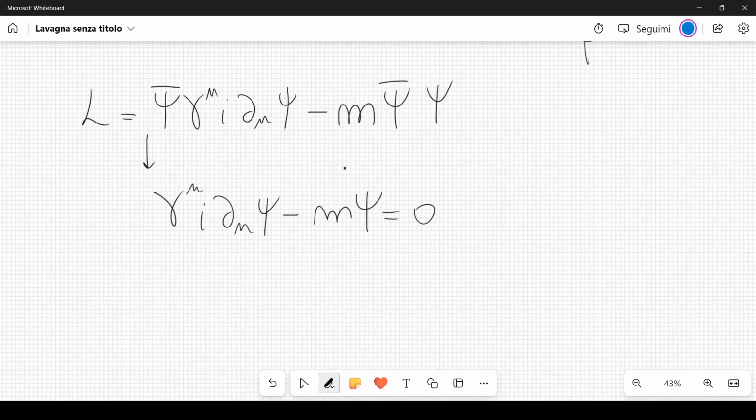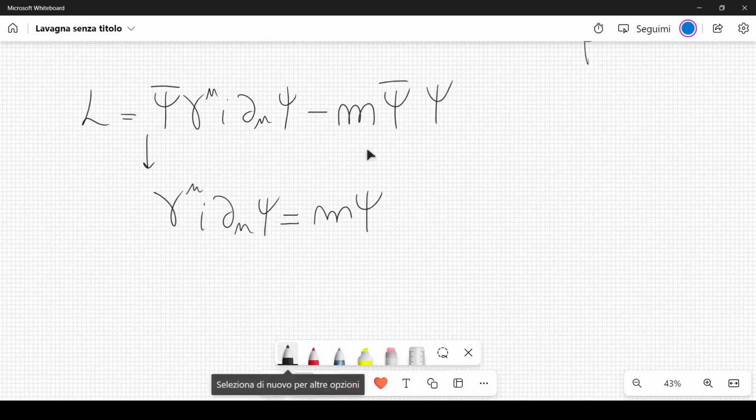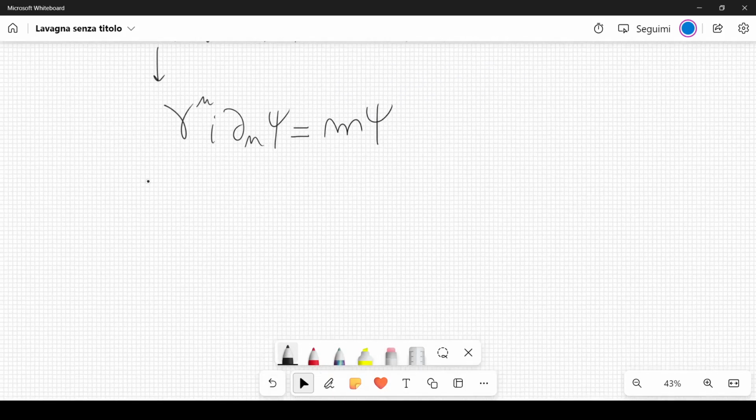So let me rewrite the Dirac equation like this. I will put an equal sign here, and I will erase this part. And now let me act on both sides of this equation with gamma nu i del nu.